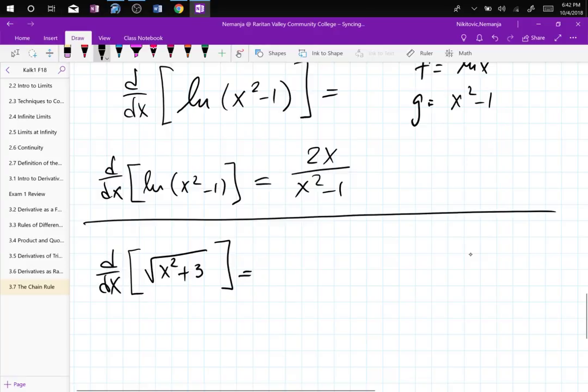The derivative of the outside, and f is equal to... no, what am I writing? It's square root of x. Wow. And g is x squared plus 3. Nice. So when we take the derivative, we take the derivative of square root of x, and that is 1 over 2 root x.